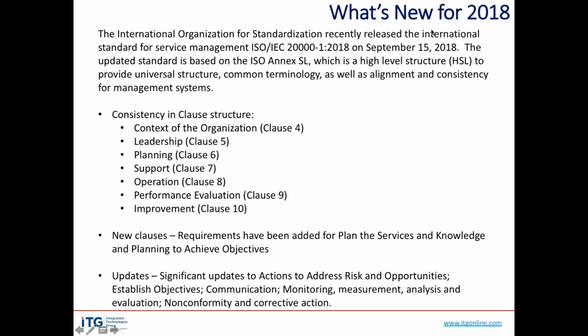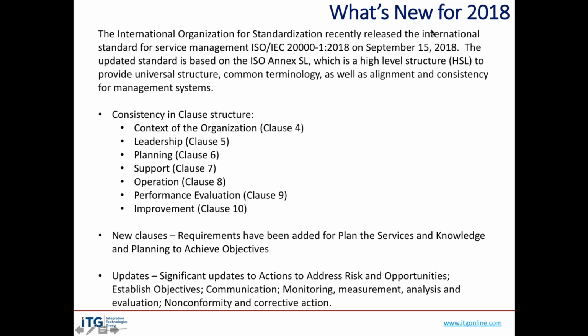For those of you who are ISO 9001 certified or ISO 27000 certified, you'll notice that the new 20000 standard falls right in line with the clause structure of the new ISO 9001:2015, as well as ISO 27000.